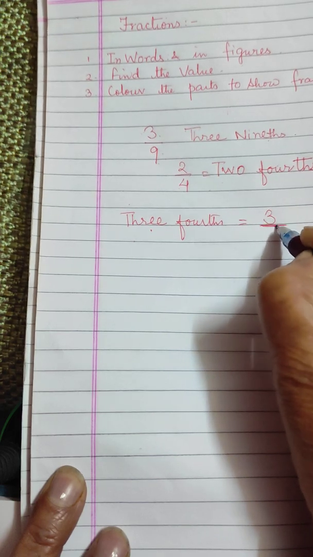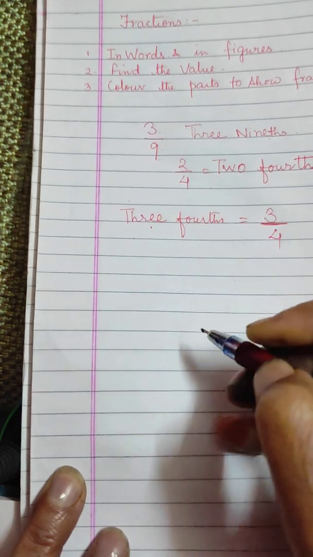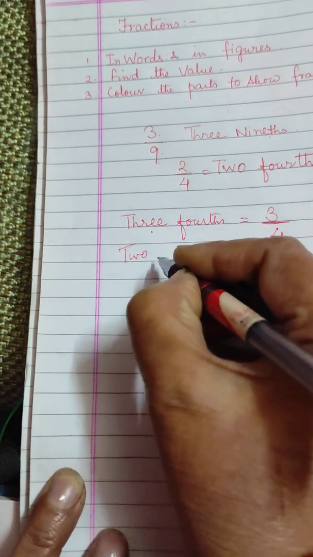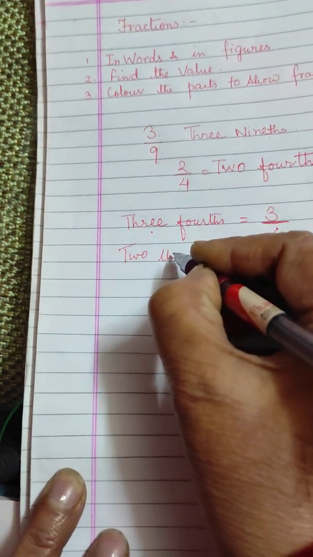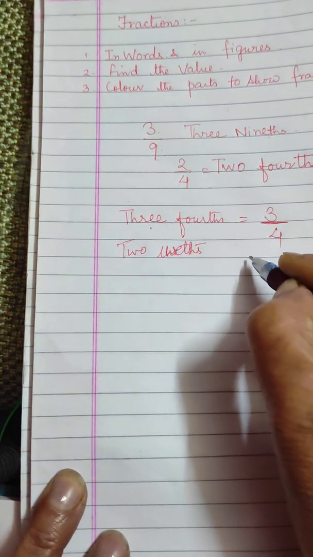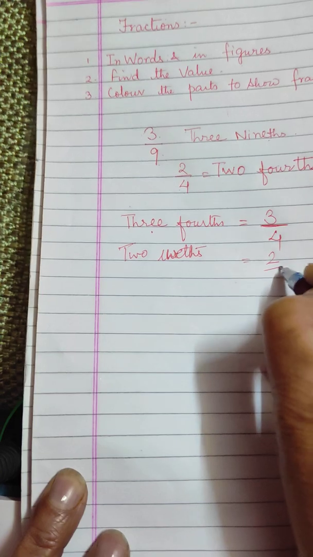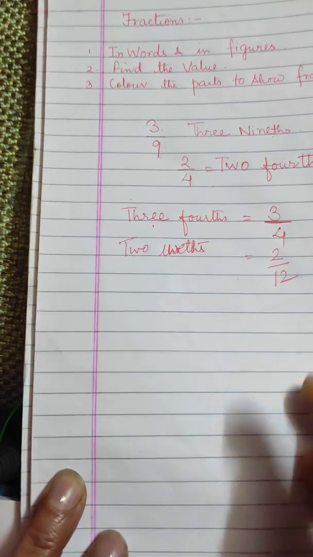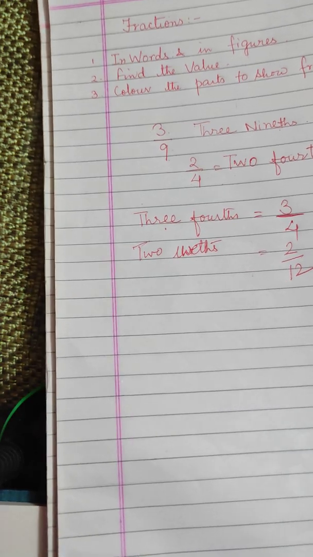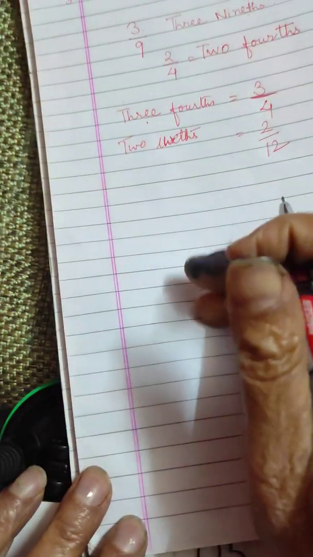This is the division line and fourth means 4. Right? Similarly, 2 twelfths is 2/12. Is that clear?